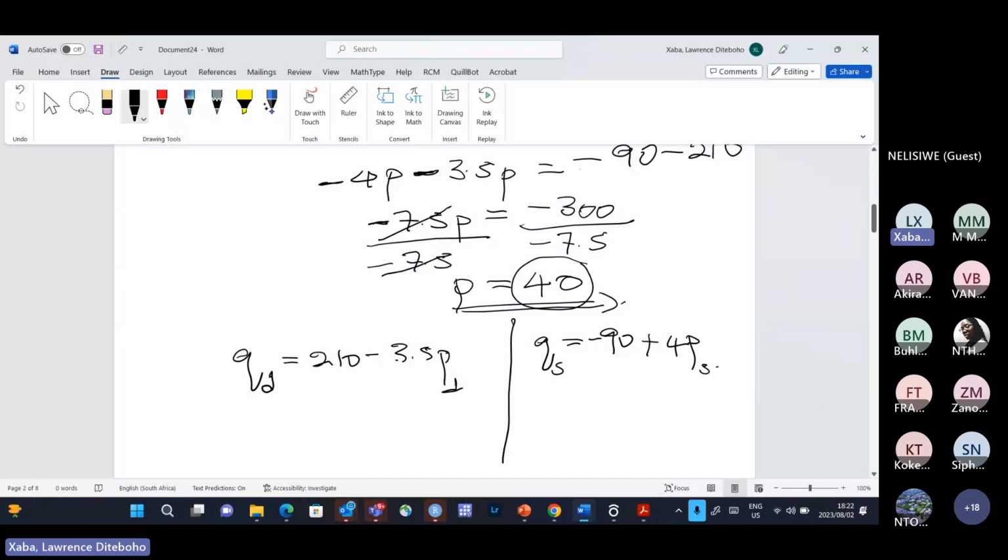Then we will have an equilibrium. So we take this 40 and look at the first equation, the demand function.